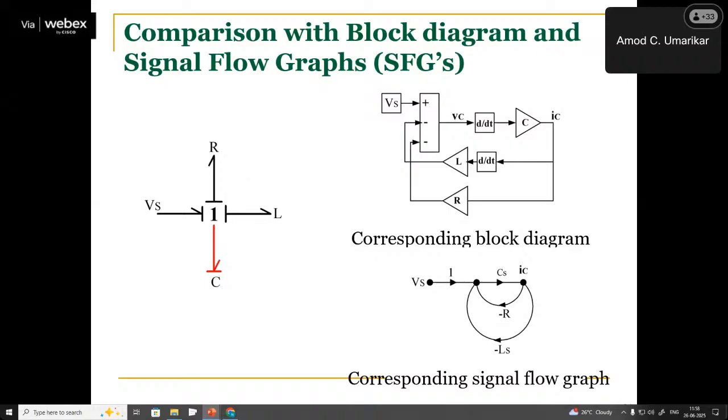That's why I took the simplest example. Energy is stored in L and C and dissipated in R.